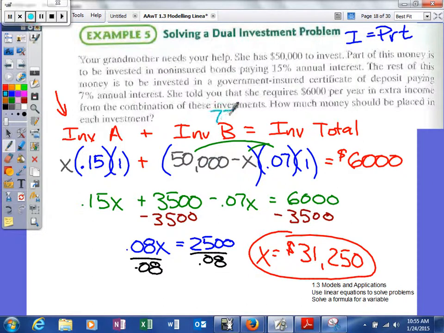So I'll have, say, 500. Let's bump that up. So now this is going to be A2. So I think it's going to be maybe 8,000. Oh, just kidding. It's going to be $18,000. So $18,750 is how much we'd have to invest in investment B to accomplish our goal of getting Nanny $6,000.